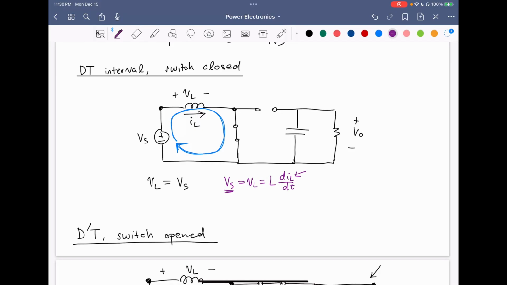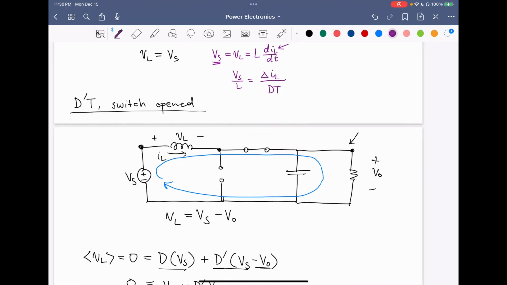So we can write this as Vs over L is equal to diL/dt. And because it's increasing linearly, we can just call this change delta iL. And the time duration is the dT interval.